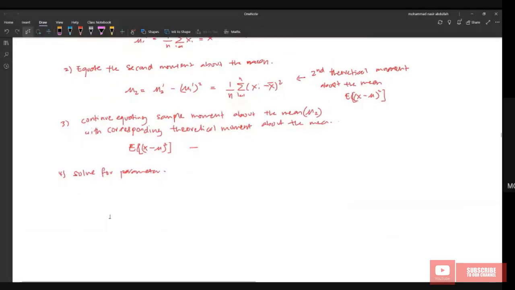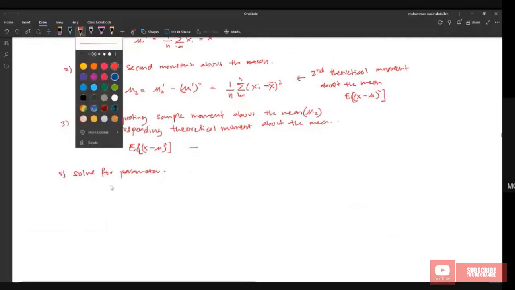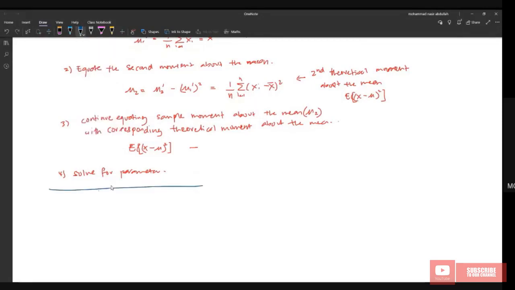Let me use another color. For the first step, we're going to apply mu1 prime, which is equal to the expected value of x, equal to alpha beta, right? So this is the mean, the first moment about the origin, which is also equal to x bar.